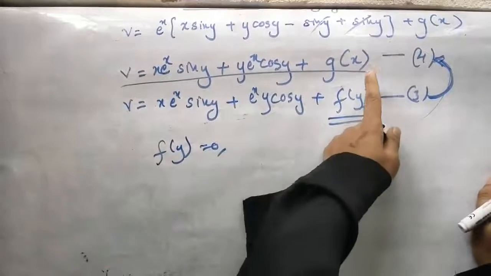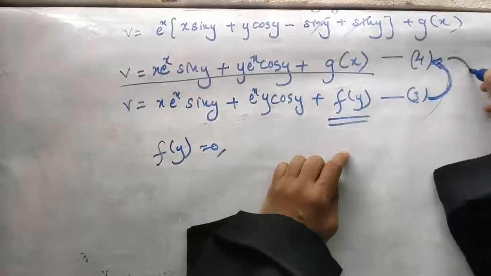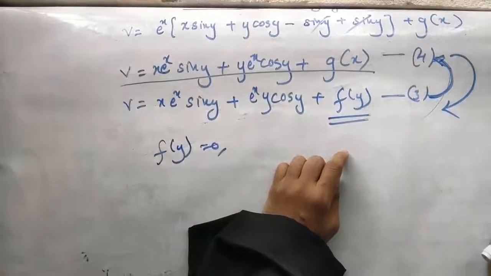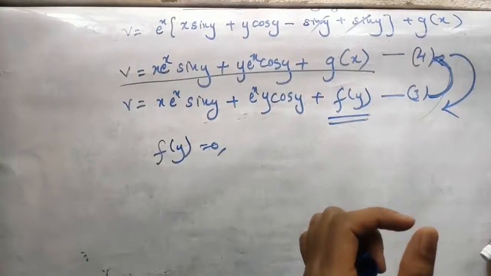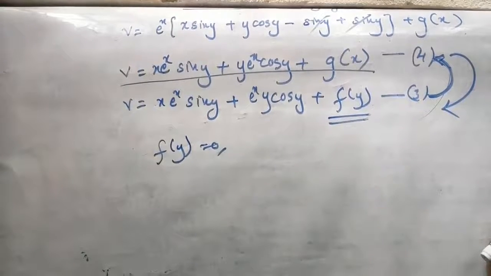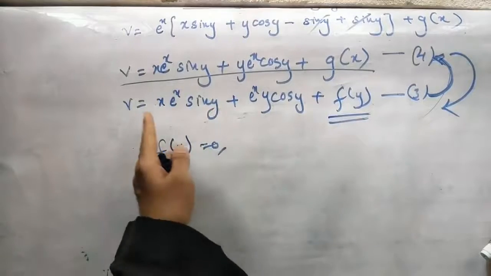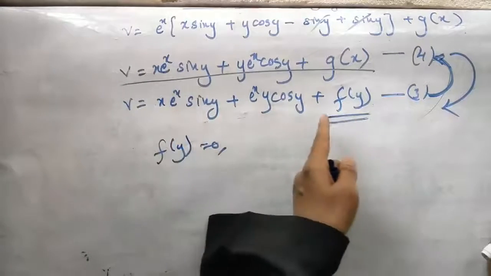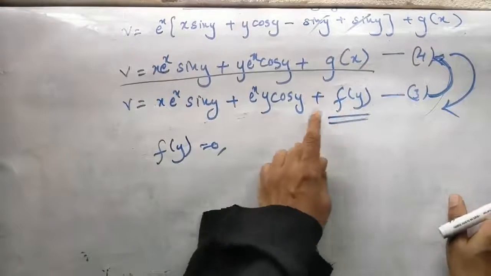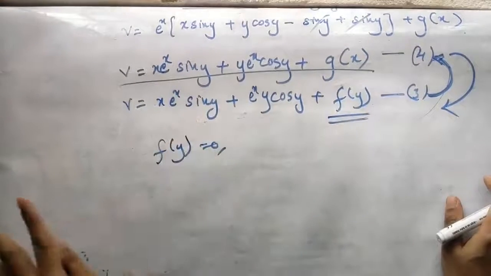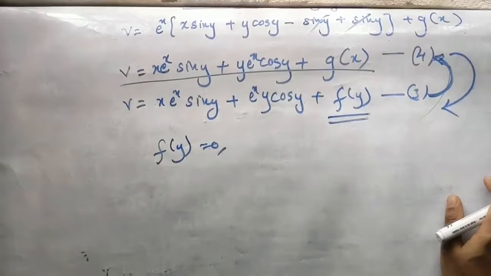Similarly, to work for g of x, you are going to see equation 3, a term which is completely depending on x, independent of y. Is any term in equation 3 independent of y? This is completely a function of y, you cannot consider it. There is y here, there is y here. So there are no terms which are independent of y.